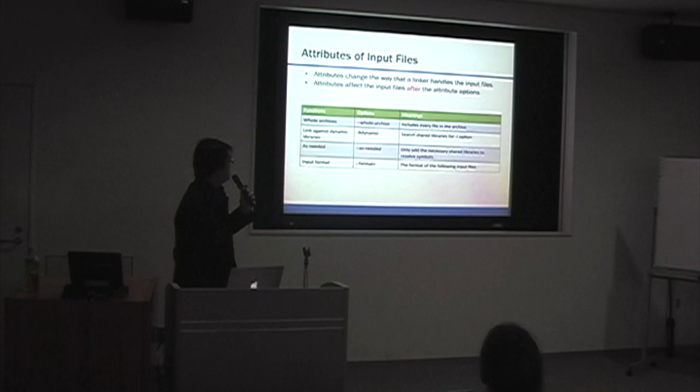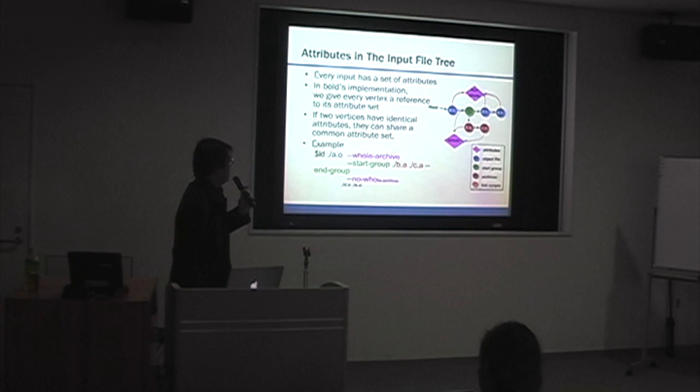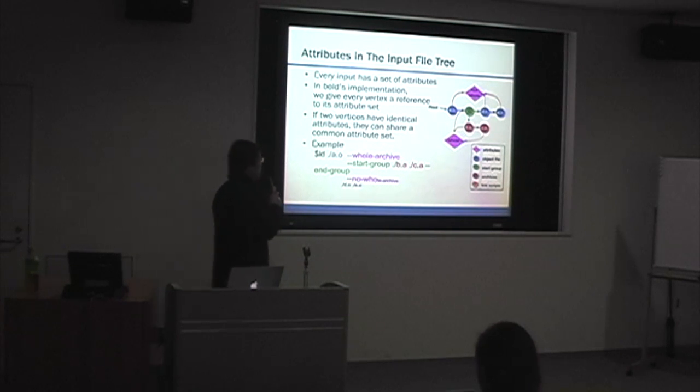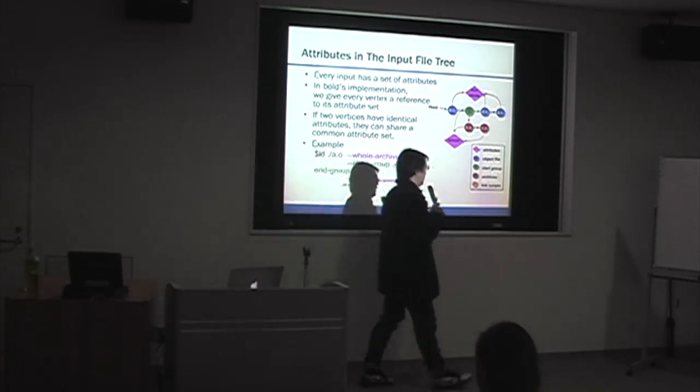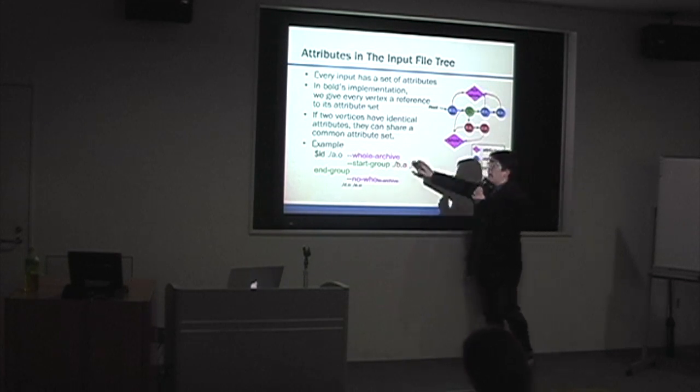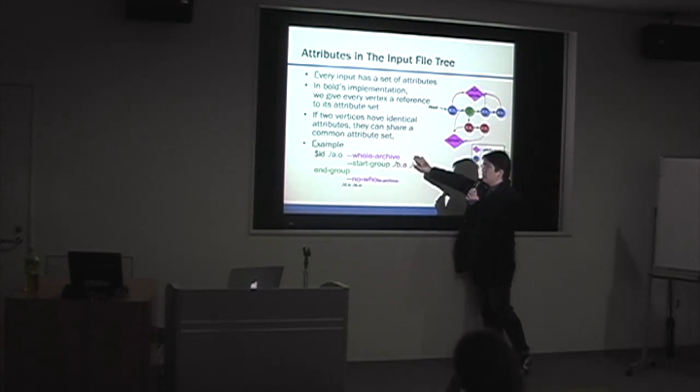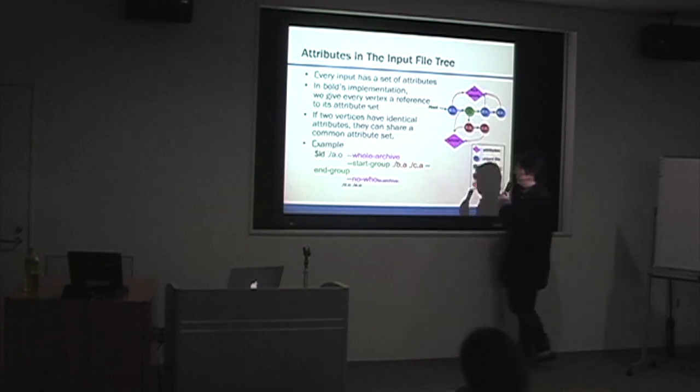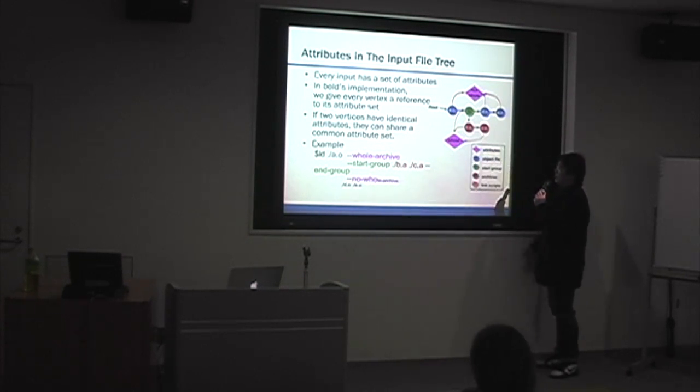And as we mentioned before, there are some attributes of the input file. Because there are only a few attributes of a linker, we will try to enumerate all attributes in a whole node. Take this for example. There is an attribute we call the whole archive. This whole archive tells the linker to link every object file in this archive to the output.